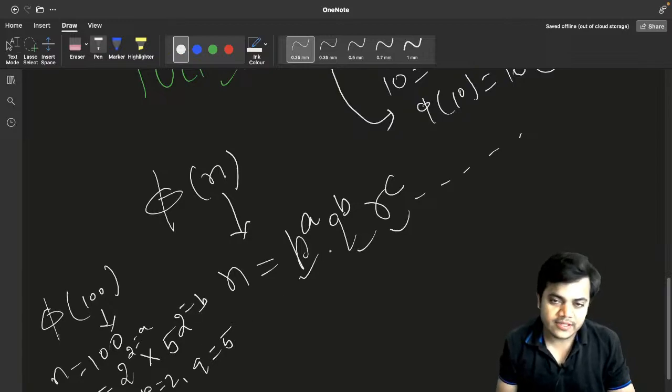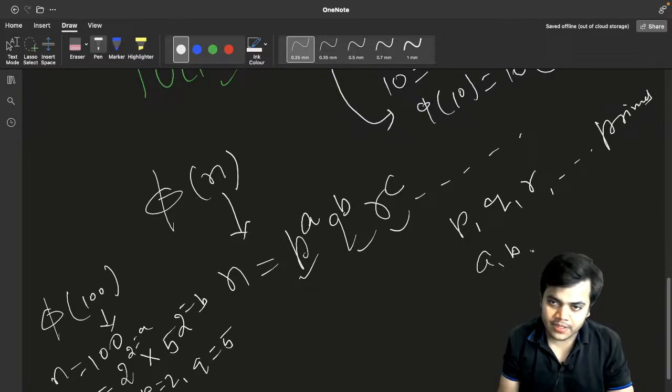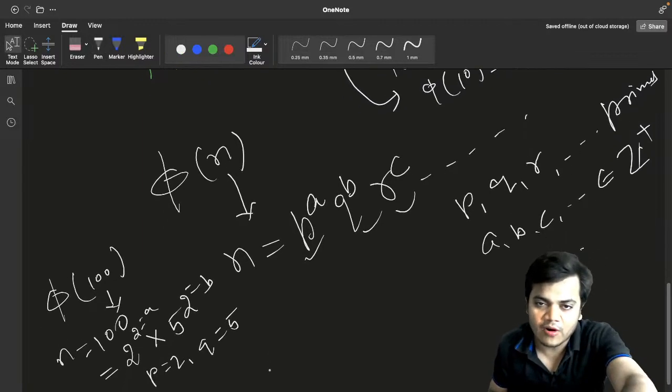Okay, now see how we are going to calculate all these. So here p, q, r, etc. are primes undoubtedly, and this a, b, c and so on belong to positive integers. Then what is the formula of phi n?